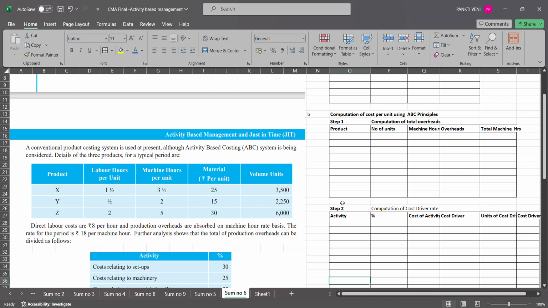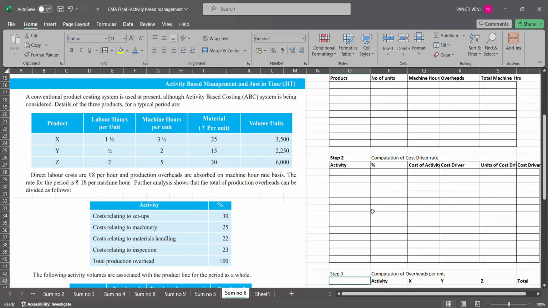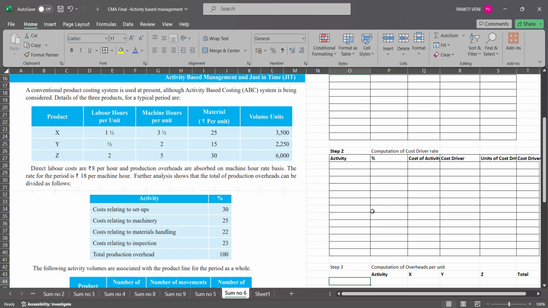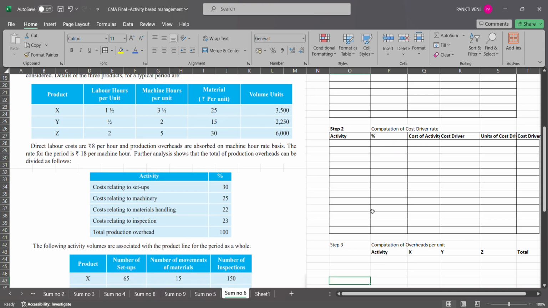Further analysis shows that the total of production overheads can be divided as follows. So we have cost relating to setups, machinery, material handling, and inspection, and total production overheads.